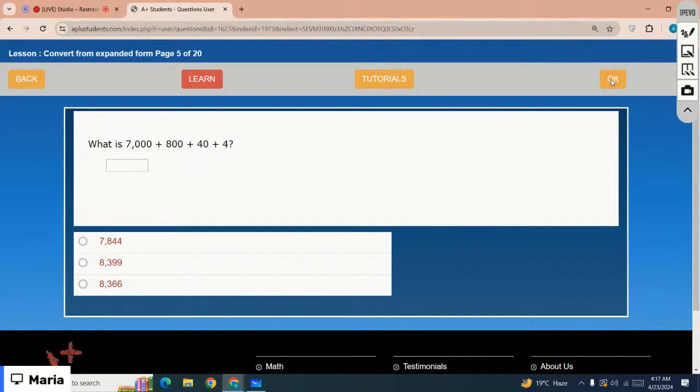Which is the correct option? Yes, that is option number 1, the correct option.